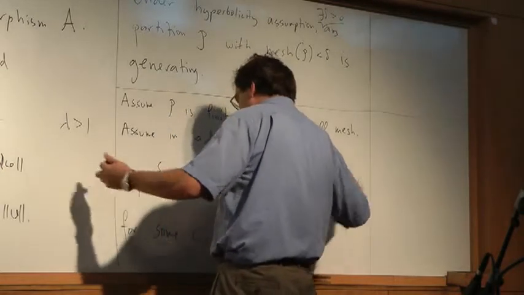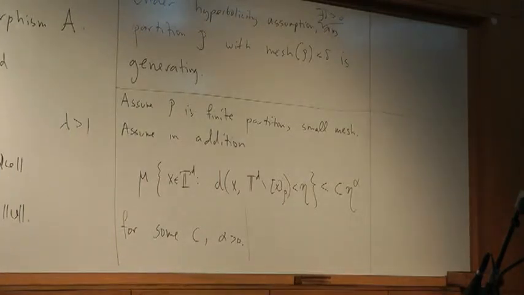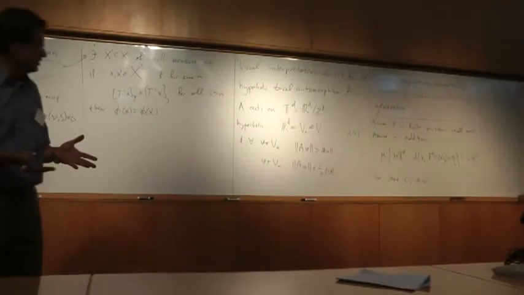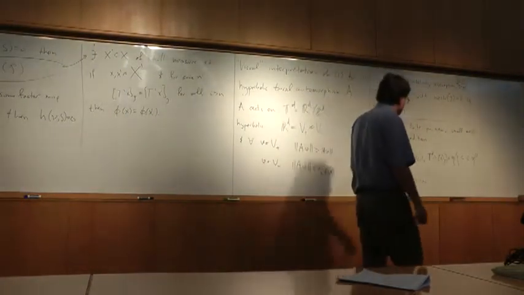So I'm assuming that a typical point is not too close to the boundary of the partition element containing it.